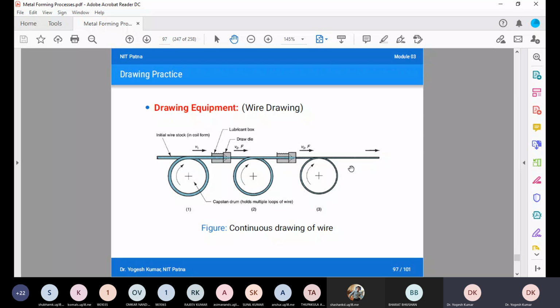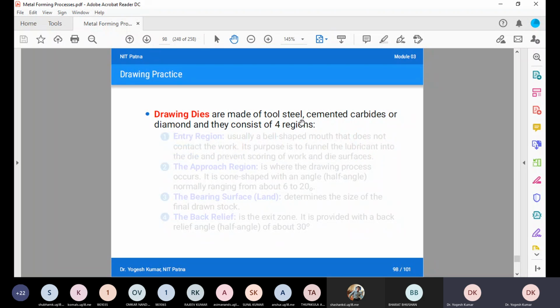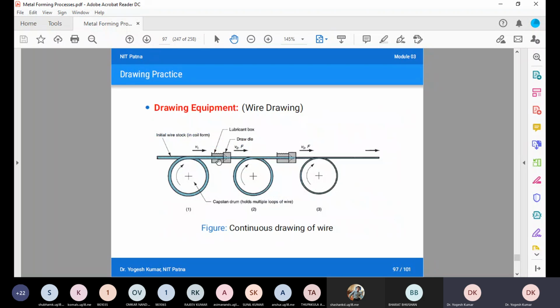Now we will try to understand these drawing dies, because these drawing dies are important and are basically responsible for the reduction of the diameter of the bar or wire.